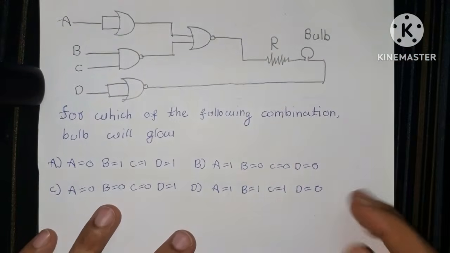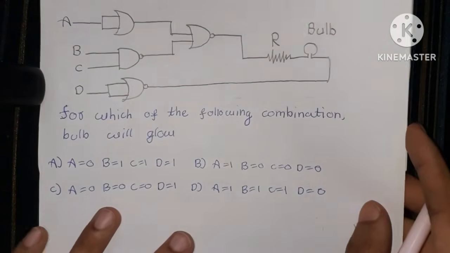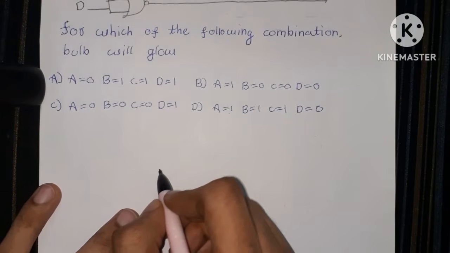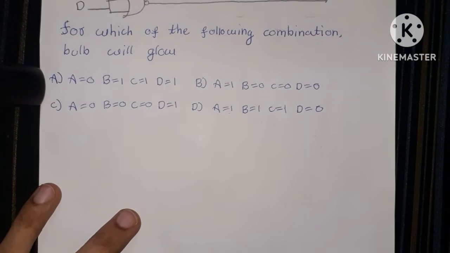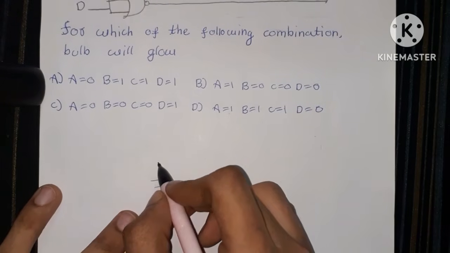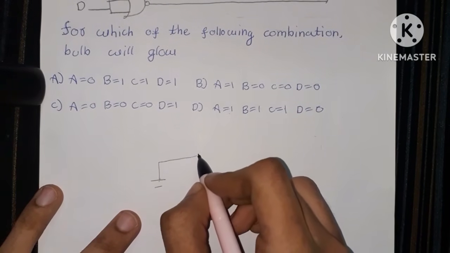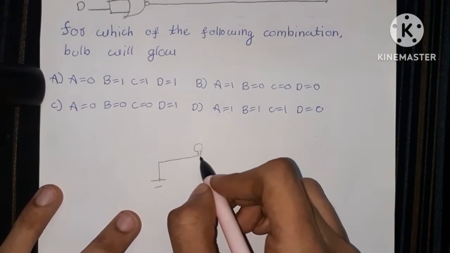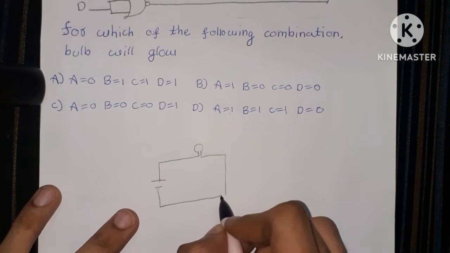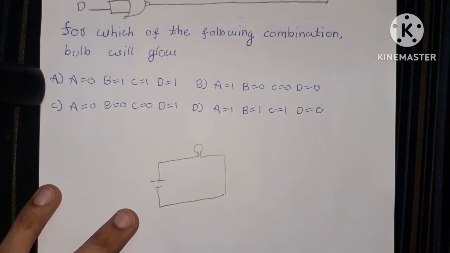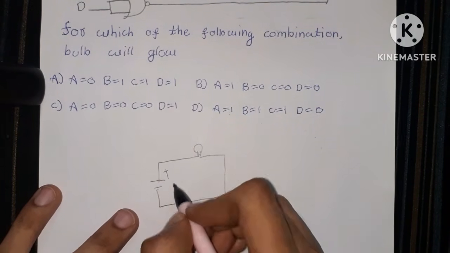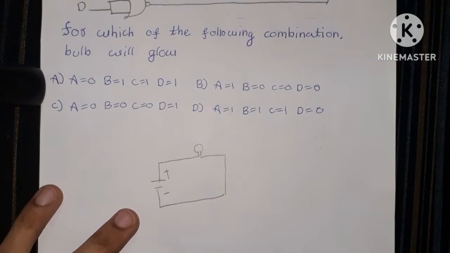When the bulb will glow in a specific case, see, I will take a simple circuit. I will take a battery and I will take a bulb and I will directly close the circuit, and make sure this is positive and this is negative.